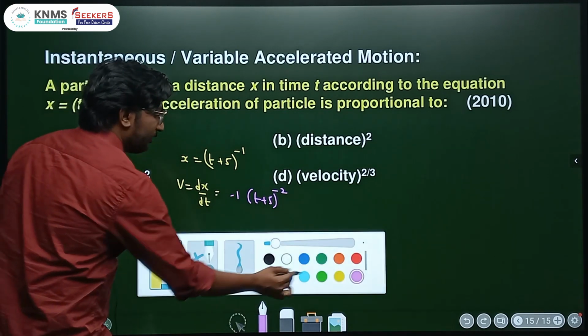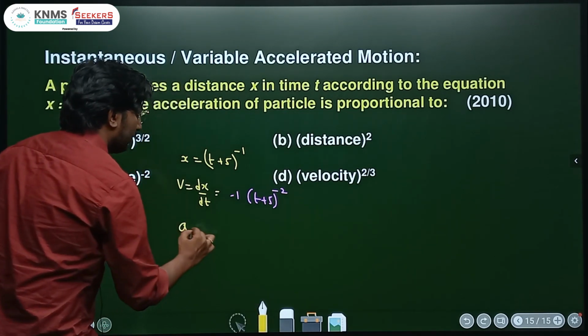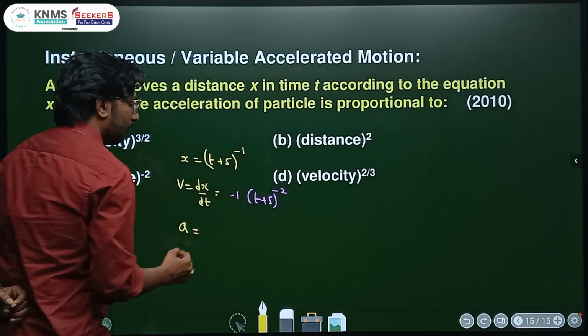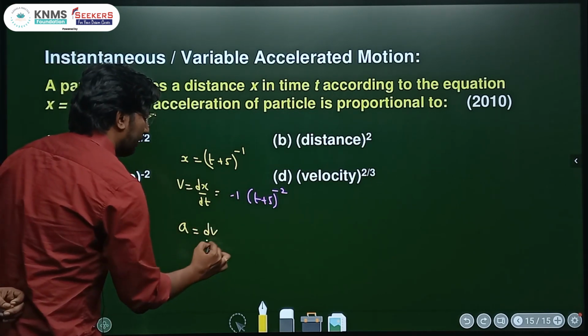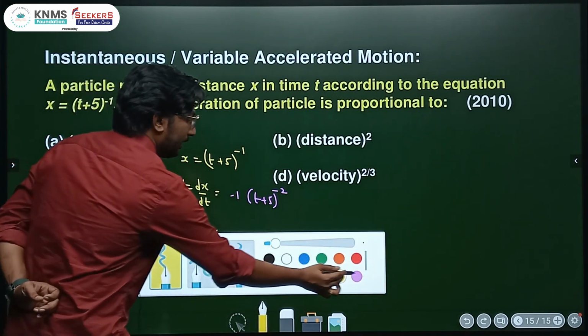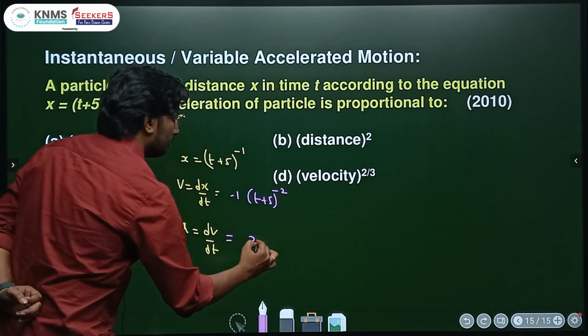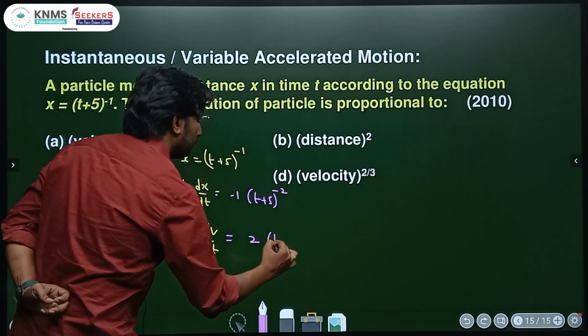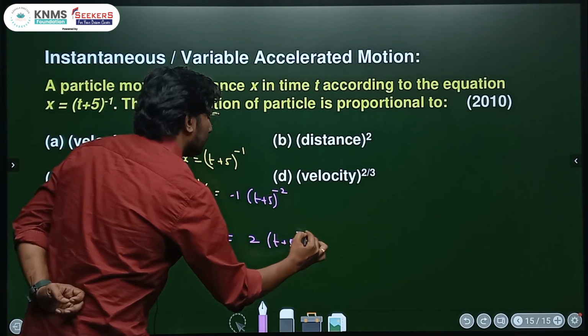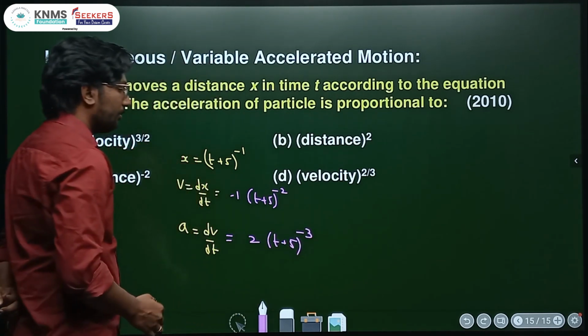Now if you differentiate further, velocity dv by dt, you will get the acceleration as 2 into (t plus 5) to the power minus 3.